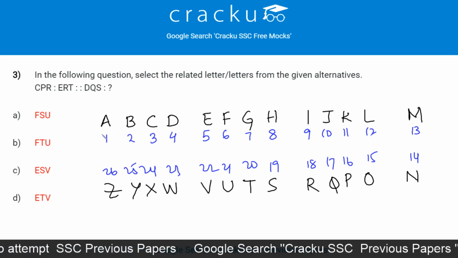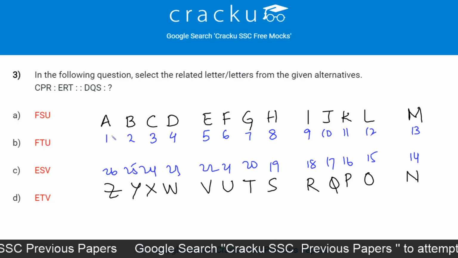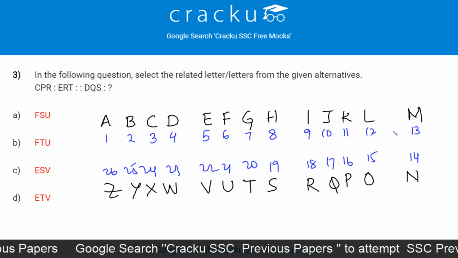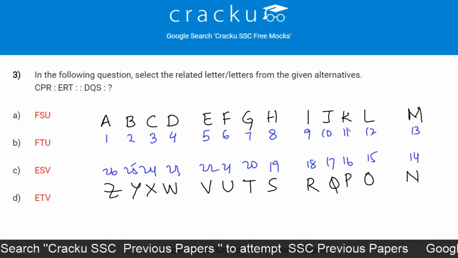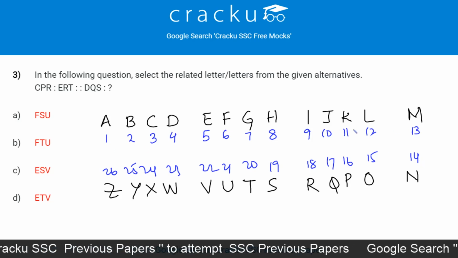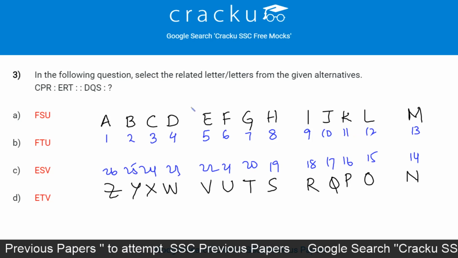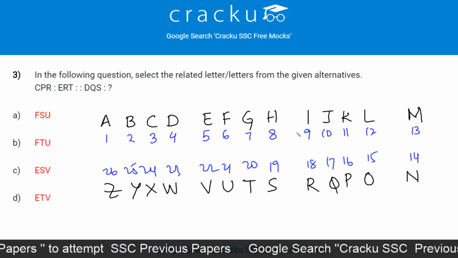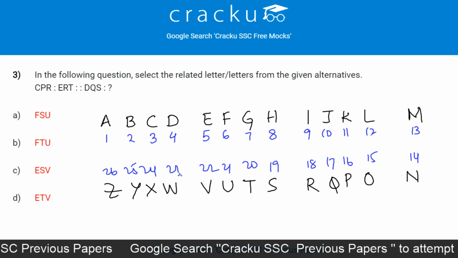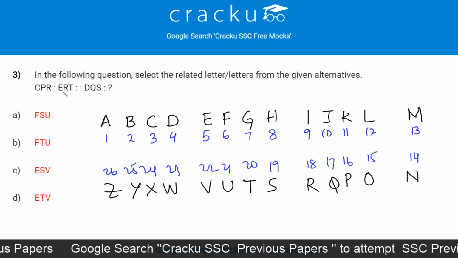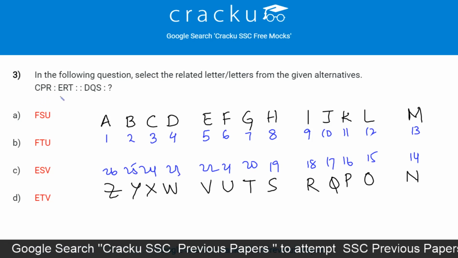We have divided all the alphabets into two parts, the first 13 alphabets and the next 13 alphabets. And again, these individual alphabets are divided in parts of 4. Clear? Now, coming back to the question, CPR tends to ERT.